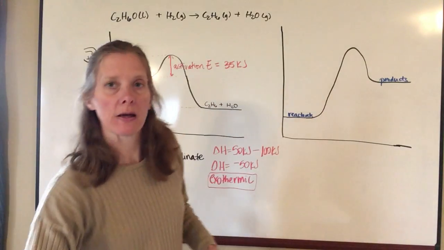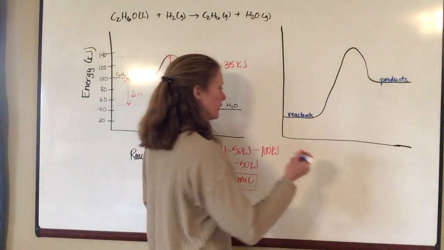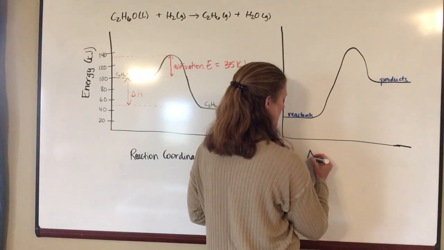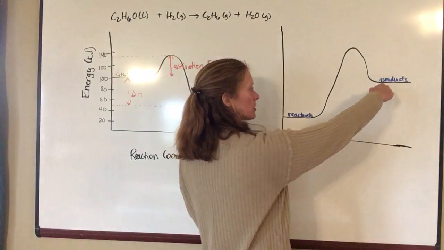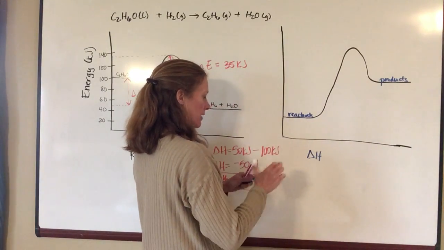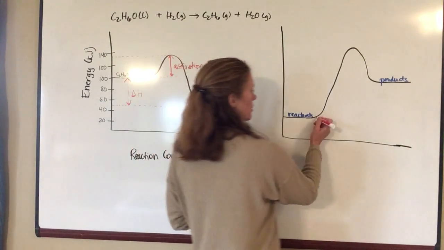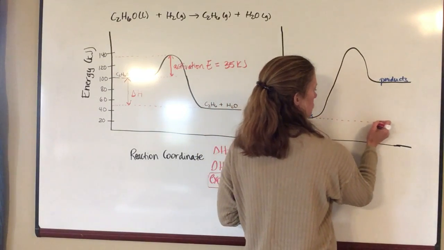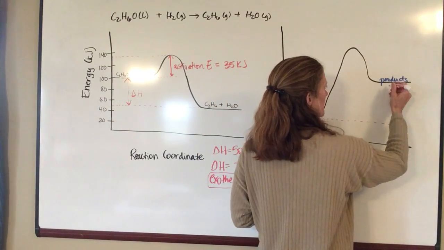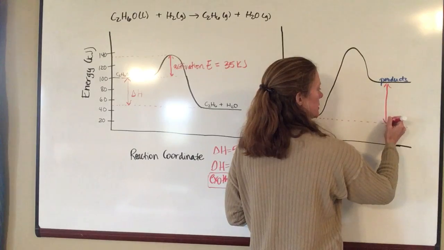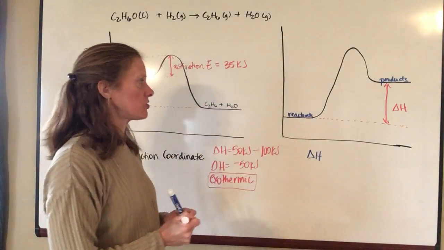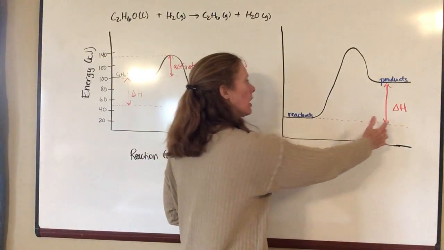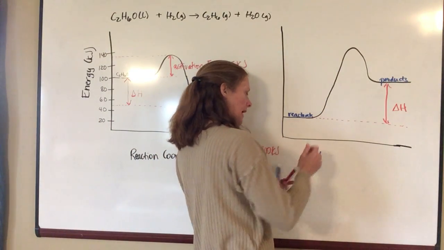And so if I look at this here, the delta H is still going to be the difference between my products and my reactants. So if I would extend this over here, then the distance from here to here is going to be my delta H. And as you can see here, the products are higher than the reactants.